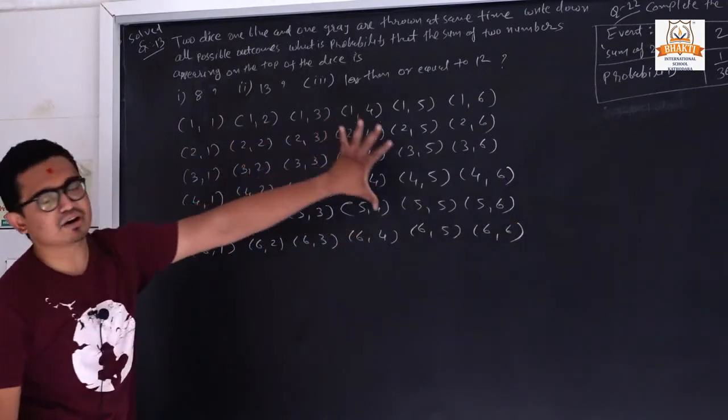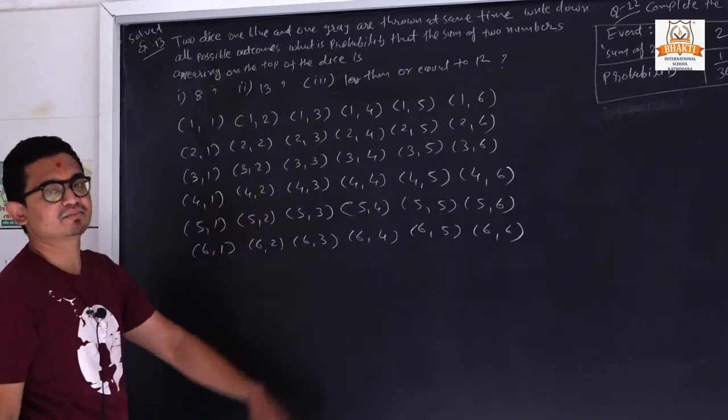So these are the total number of outcomes. So it is 36. Clear?